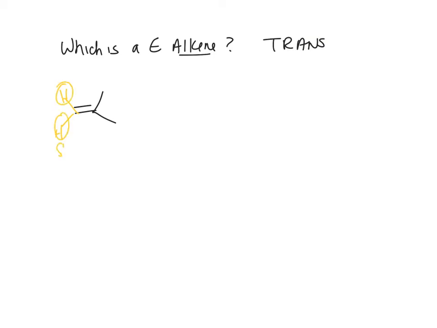So these are the same. So we have no E or Z, no cis or trans. Anytime you have the same groups coming off of your carbon double bond, then you have no cis or trans. It's called no cis-trans isomerism.